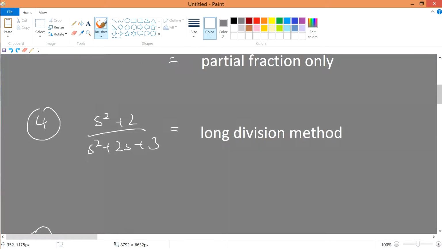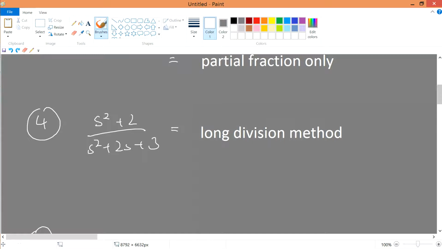If you have something like s square, meaning this is square and this is square, they are the same order, you can use the long division method. And I assume that you know what it is already, so this is why I'm not going to go through. But the key thing is that if you have s square or cube or 4, something that is greater than this denominator one, you should use the long division method.